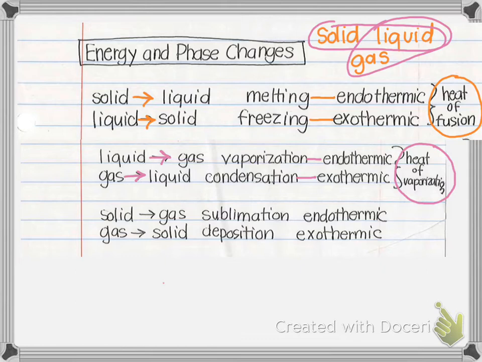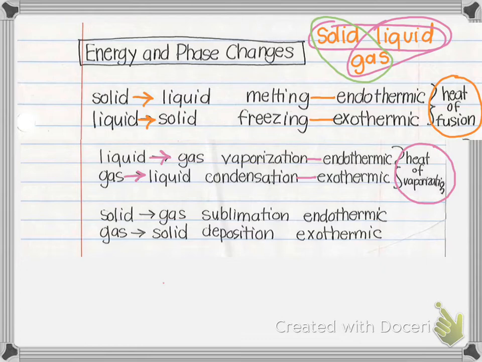We also have something that you may or may not be familiar with, and that's the possibility of going between solids and gases without going through a liquid state. This is not very usual at atmospheric pressures, but two substances that do are mothballs, which you may be familiar with, and dry ice.